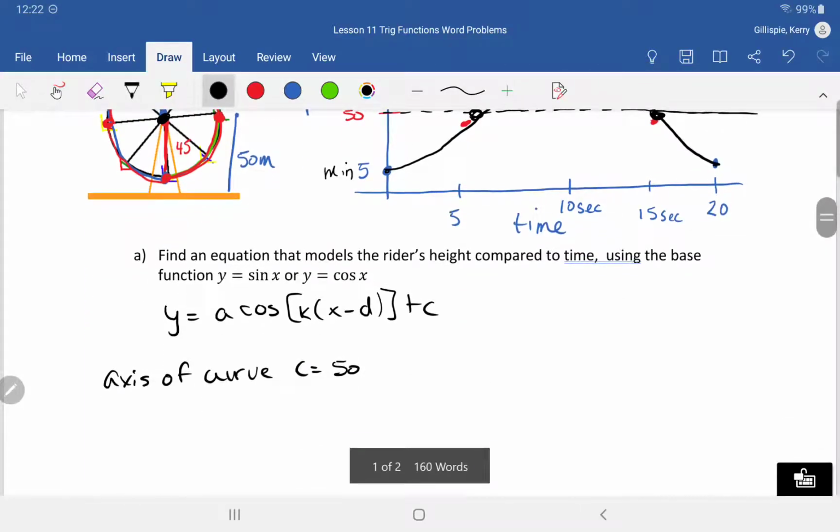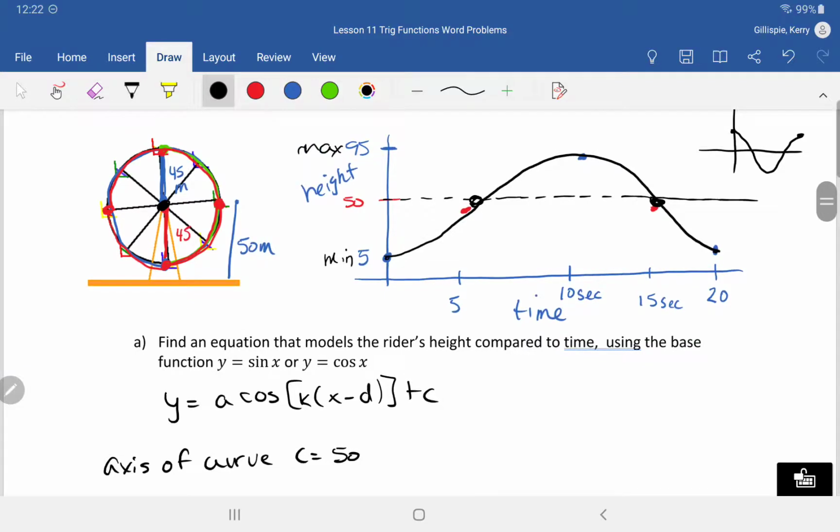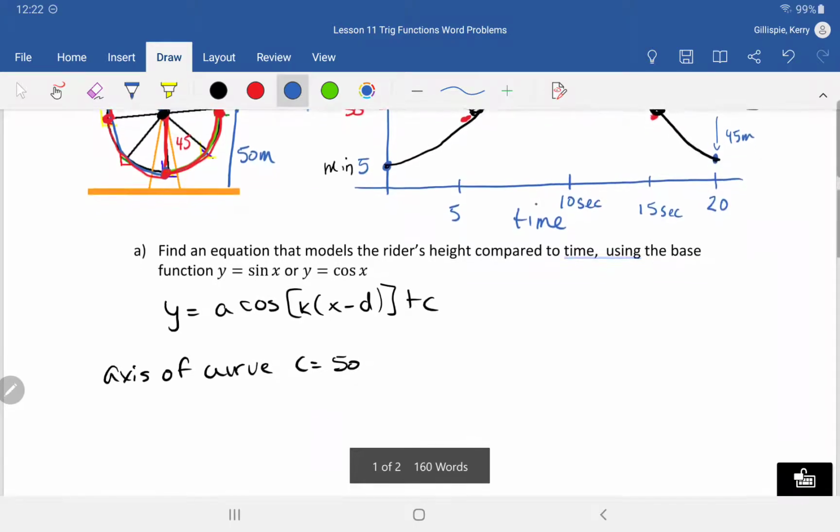All right, so axis of the curve is 50. And then amplitude is how high the person travels above and below that axis. So the amplitude, because they go up an additional 45 meters, because the radius of the wheel, and they go down an additional 45 meters, your amplitude is 45.